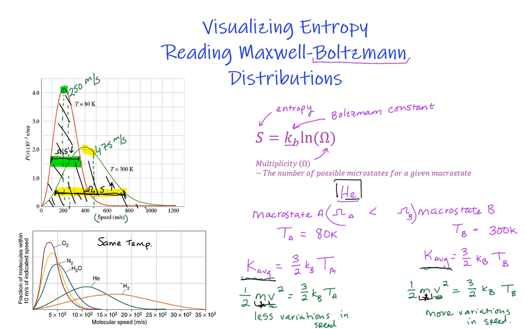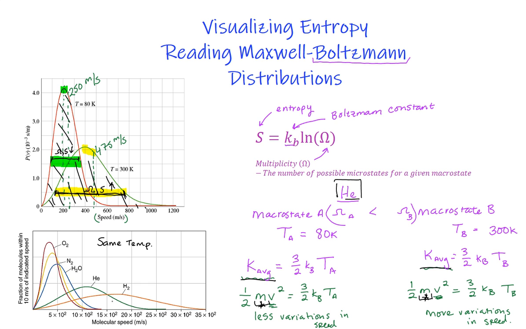So helium has the least mass, therefore it can have the highest average velocity of its particles, and so helium will have a much wider spread, a much higher multiplicity at the same temperature than will helium, water, and O2. And you can kind of see that.